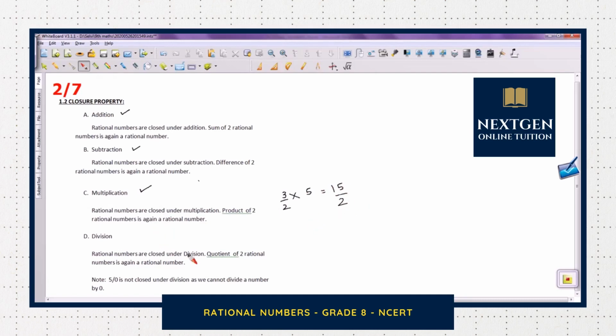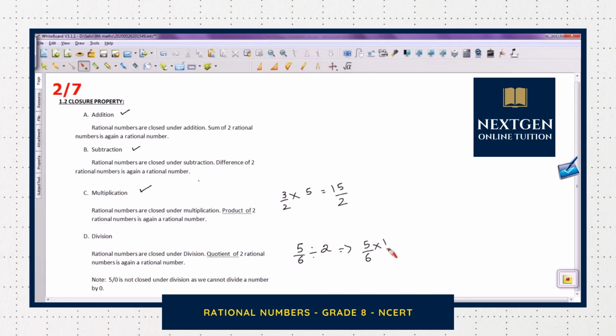Division. If I divide two rational numbers, my quotient is also a rational number. How? 5 by 6 divided by 2. How do I divide these two numbers? 5 by 6 multiplied by 1 by 2.